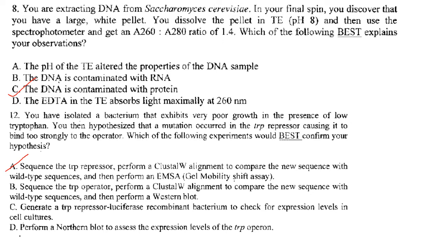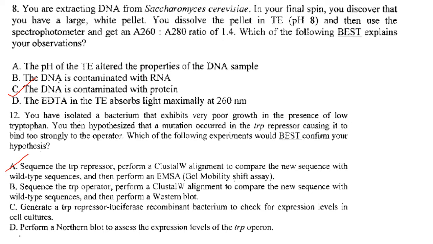Why? Because Clustal W is used for multiple sequence alignment. So once you sequence the tryptophan repressor, you can perform the Clustal W alignment, and through sequence alignment you will know if there is any mutation in the tryptophan repressor. Then you have to perform the EMSA method. This EMSA is for detecting protein DNA interaction.